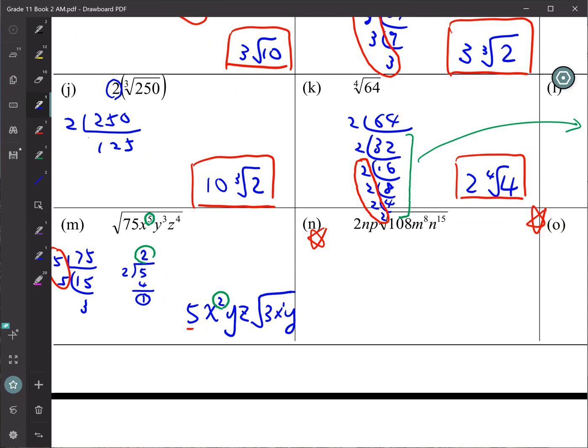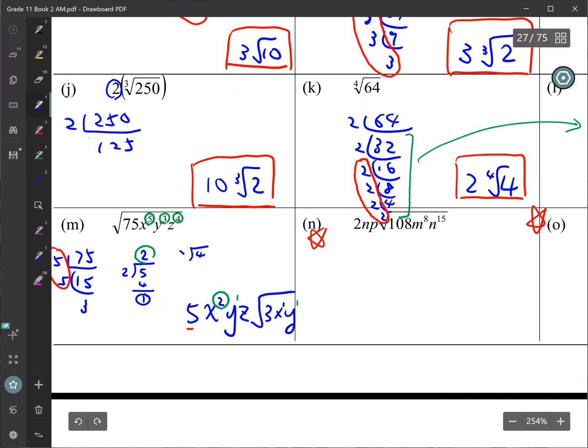You can have 2 pairs and 1 alone. Okay. Same thing with the cube. You can have 1 pair, so you get 1 outside and then 1 inside, right? 1, 1. The z, right? You get 2 pairs. Oh, so that should be a square then, right? Yeah, Sarah? So the z, right?